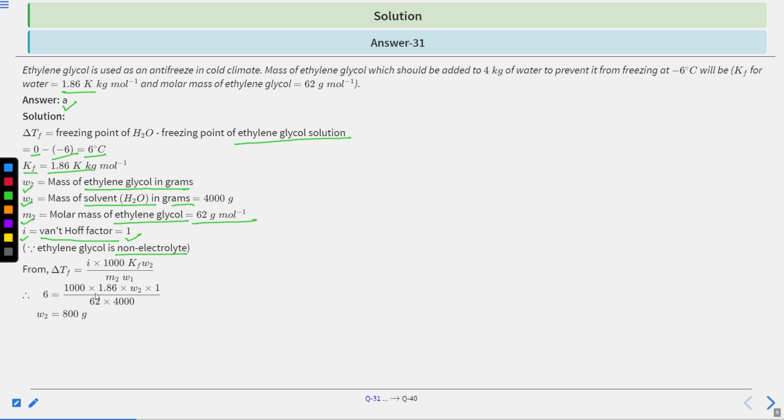Putting the values in this equation, ΔTf is 6, i is 1, 1000, Kf is 1.86, W2 we have to find out, M2 is 62 and W1 is 4000 as given. So W2 comes out as 800 gram. Hence, option A is the correct answer.